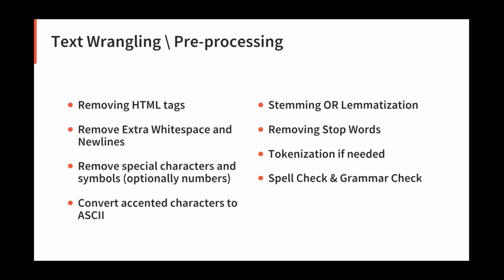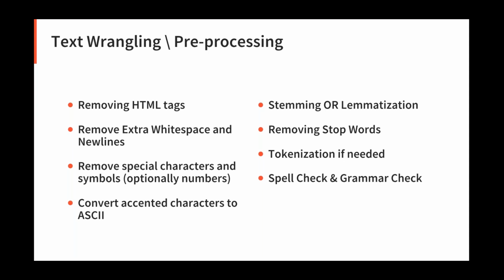Other than that, there are standard steps like removing extra white space, new lines, carriage returns, and special characters and symbols, right? Symbols like the exclamation mark, the pound symbol, the ampersand, whatever it may be. You don't really need these symbols unless they are very contextual. So you would be removing these things.